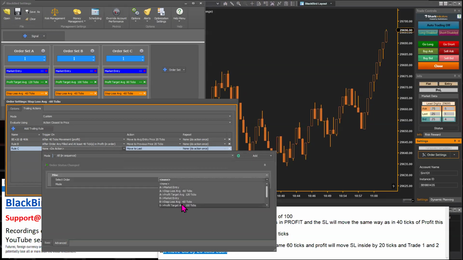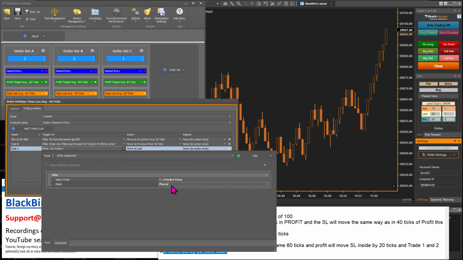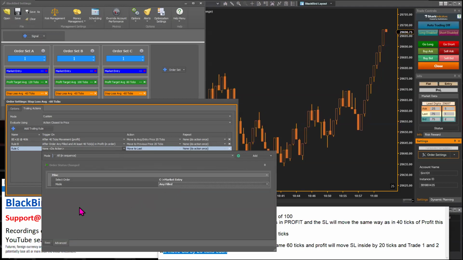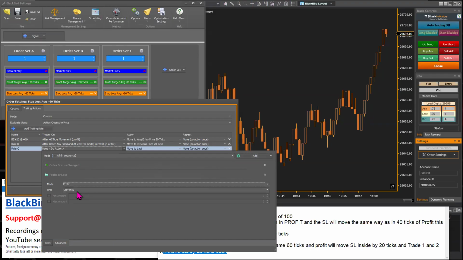We want to know when the entry order for C is filled. There we go, when it's filled. And then we will check the profit or loss. Check for profit there.